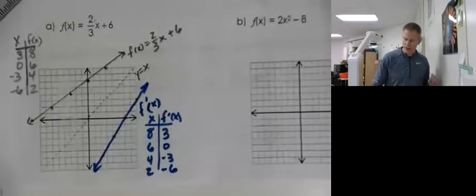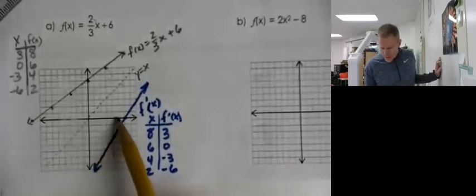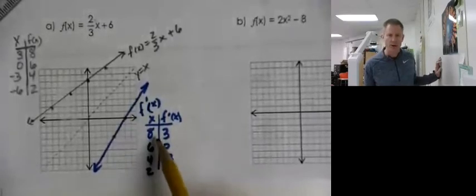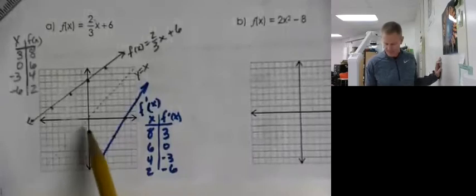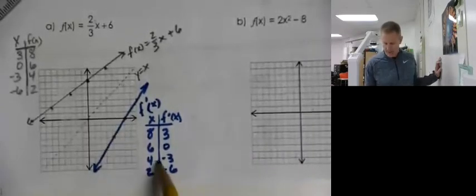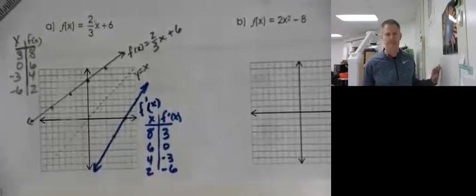We can test those out to see if it worked. 1, 2, 3, 4, 5, 6. There's our 6, 0. 7, 8, 1, 2, 3. So 8, 3 worked. 1, 2, 3, 4, 1, 2, 3. And 2 to the right and 6 down.